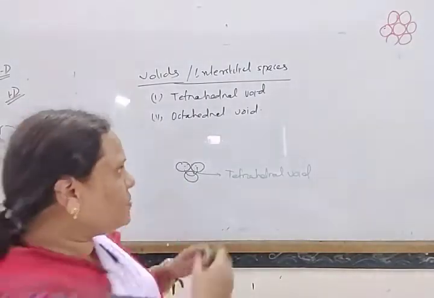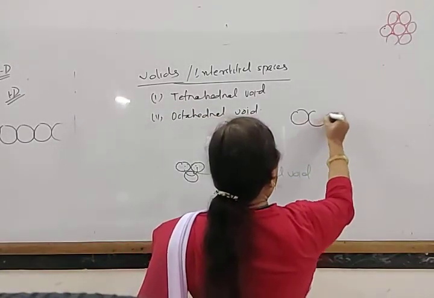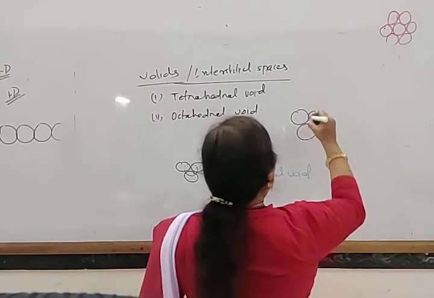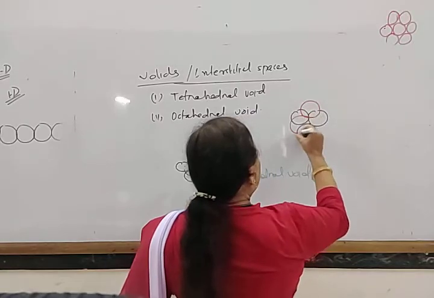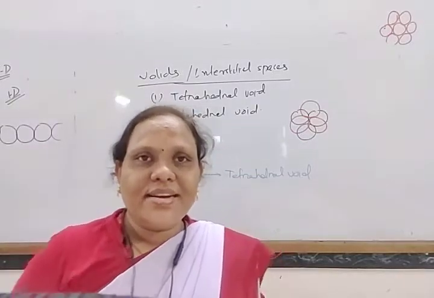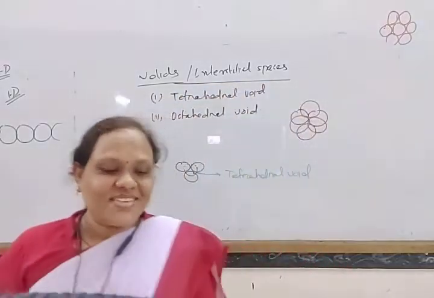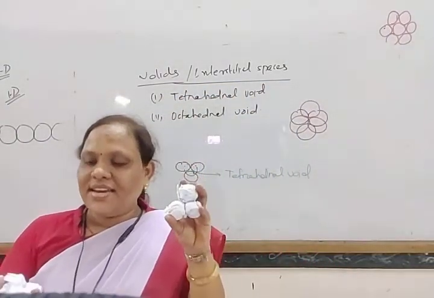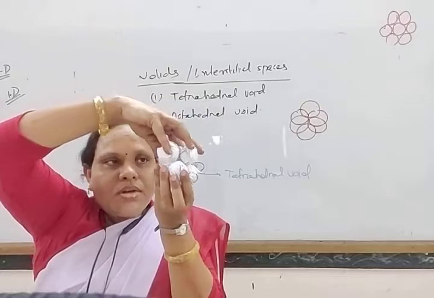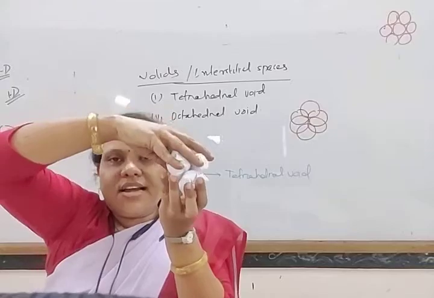That means if three spheres remain like this, and another three spheres just opposite of it, what is the space between them? That is called an octahedral void. For example, if we consider three spheres like this and another three spheres like this, look here, it will remain like this, and what is the space between them? That is called an octahedral void.